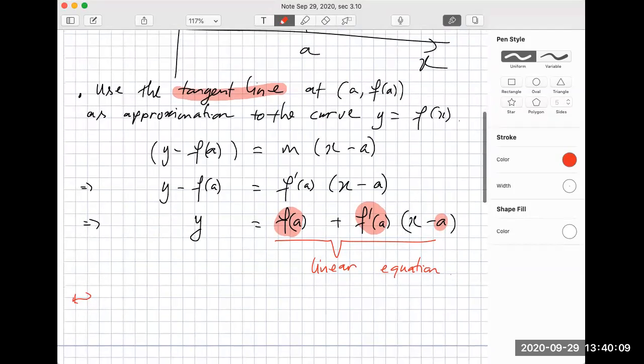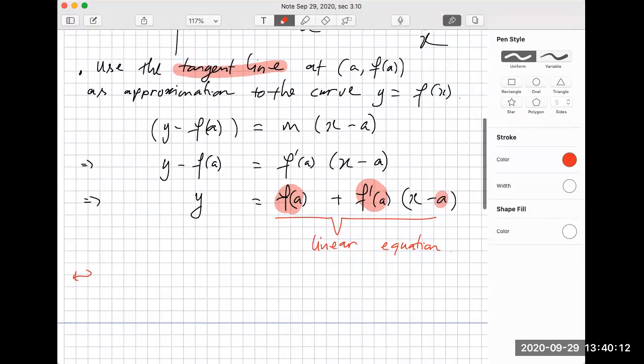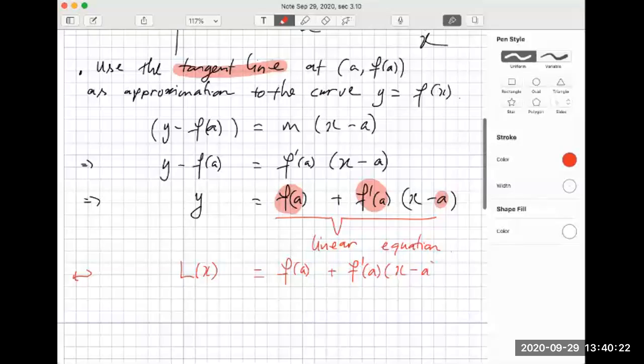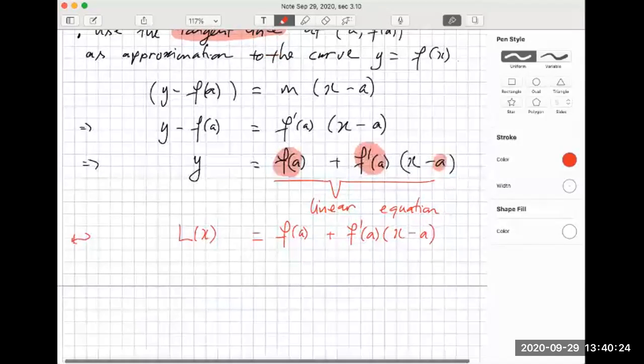And let us call the function L(x) equal to f(a) plus f prime a times x minus a. So we call it the linear approximation, the linearization of f at a.